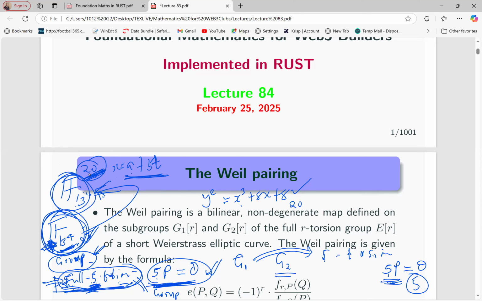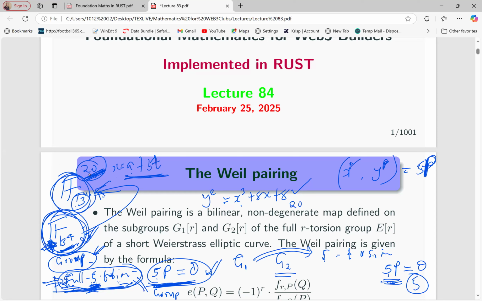would comprise points of this full 5 torsion group that obey the property that x raised to p, y raised to p will be the same as 5P, where the first p here is 13.